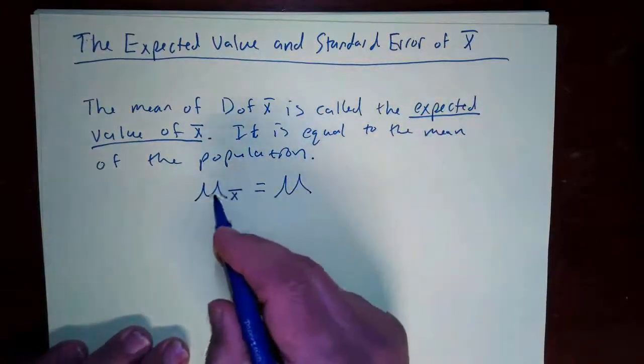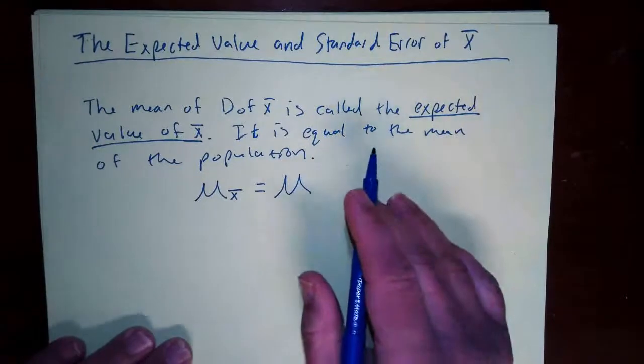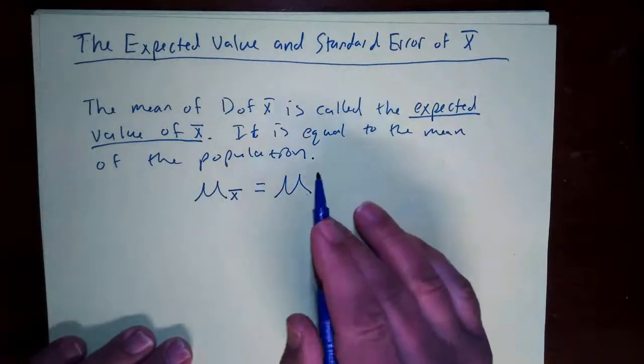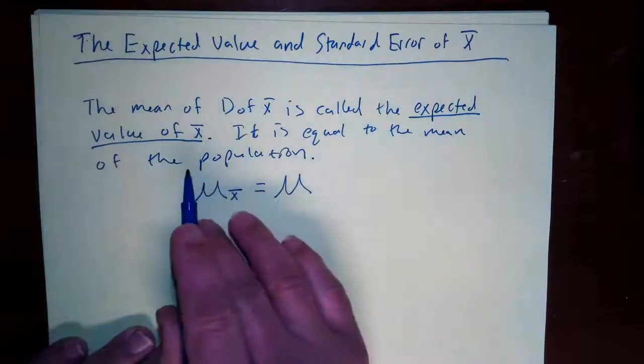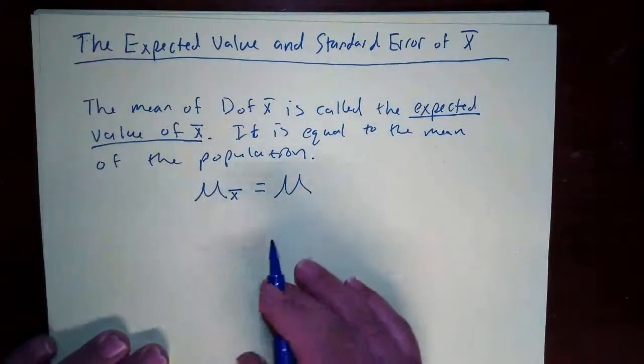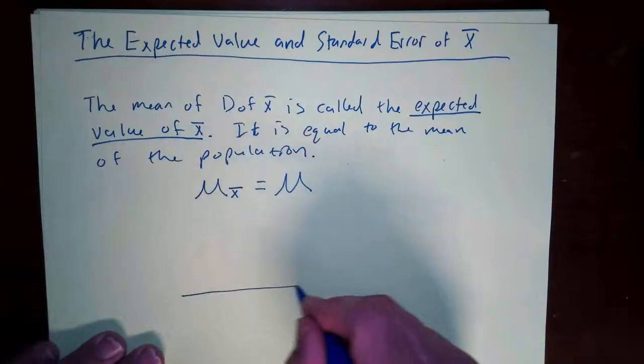Okay, so the mean of the distribution of x bar is called the expected value. That's a special name for it. So here's kind of the idea.